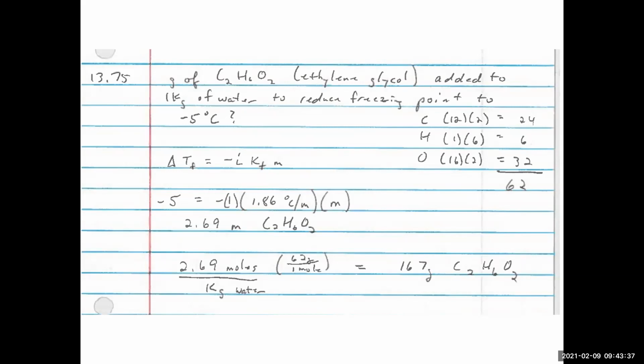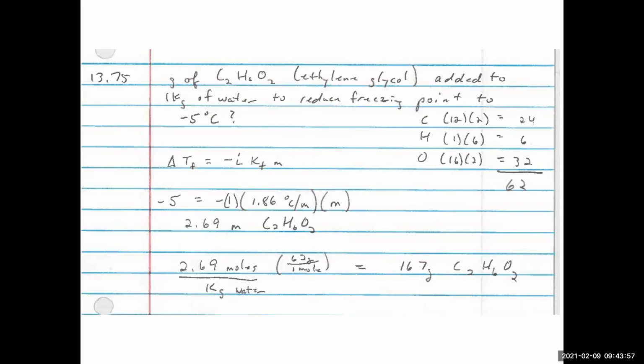So if we had 1 kilogram of water, we would have to add 167 grams of ethylene glycol to change that freezing point from 0 degrees to minus 5 degrees.